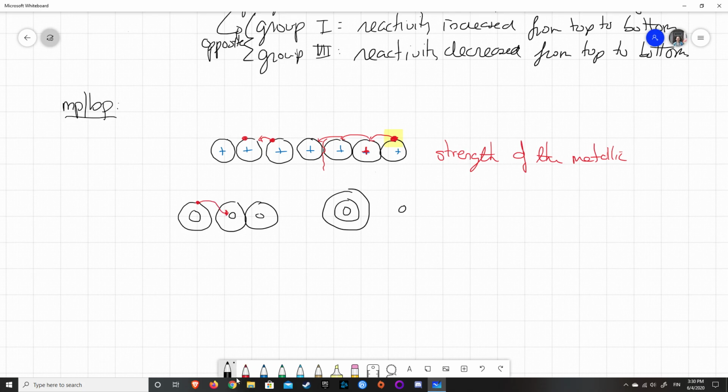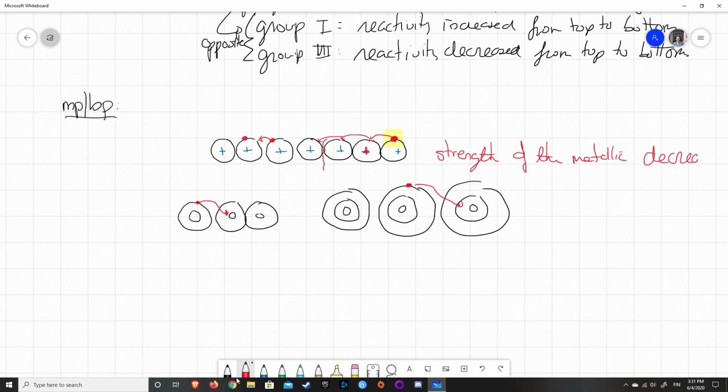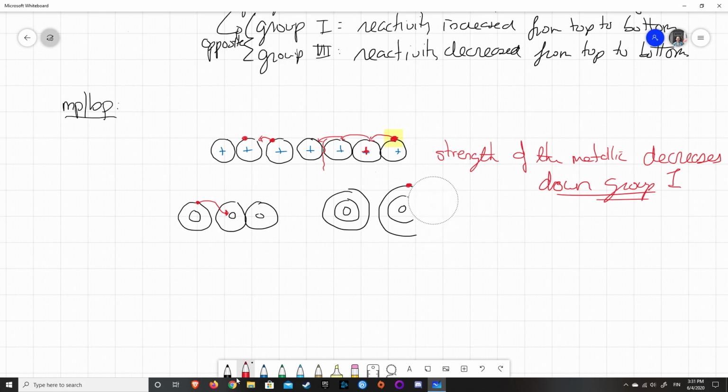But as the electron shells get bigger and bigger, these electrons on the outside, these valence electrons, feel less and less of a pull towards the neighboring nucleus. So the strength of the metallic bond decreases down group 1. They've got weaker and weaker metallic bonding.